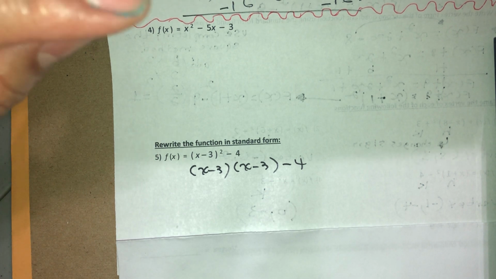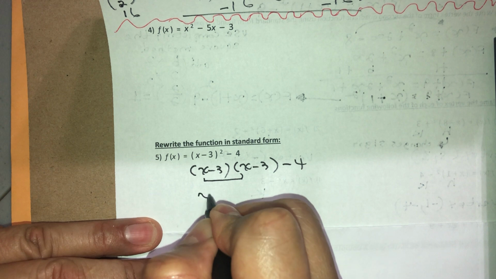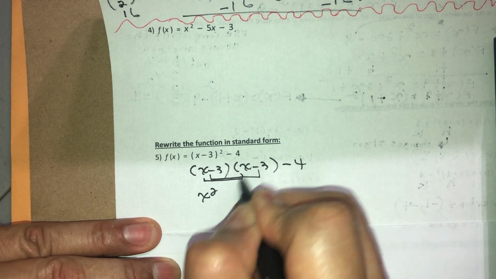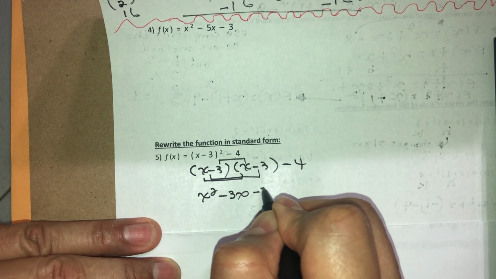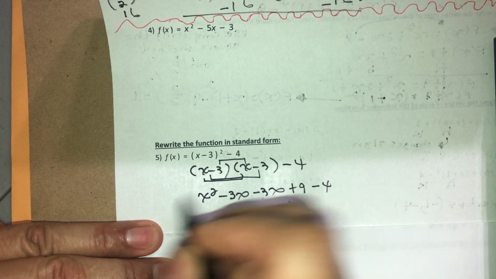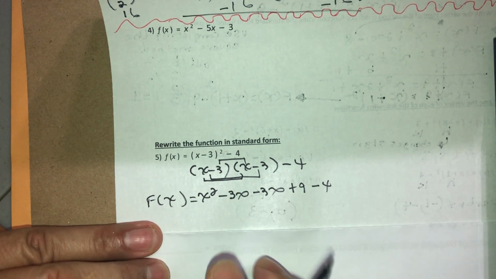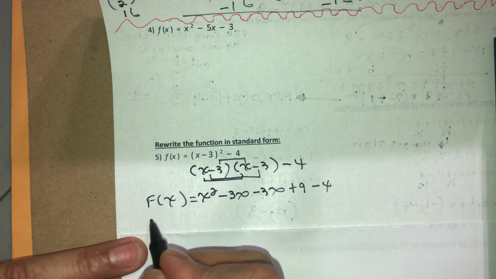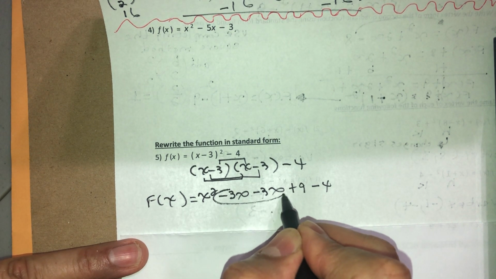Remember that, okay? So when we do FOIL, we do x times x, which is x squared, x times -3, that's -3x. -3 times x is -3x, and -3 times -3 is +9. Now I can bring down the 4. And remember, because we're writing an equation or function, you have to have the other side of the equation. So now when I combine like terms, just what I told you before, right?